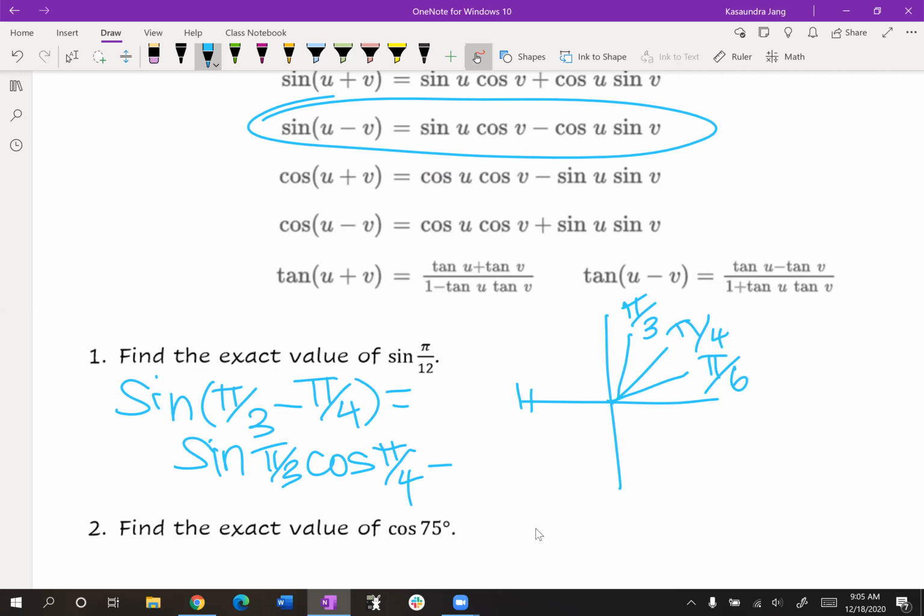And then minus cosine of the u, which again, u is pi 3rds, times sine of v, which the v was pi 4ths.